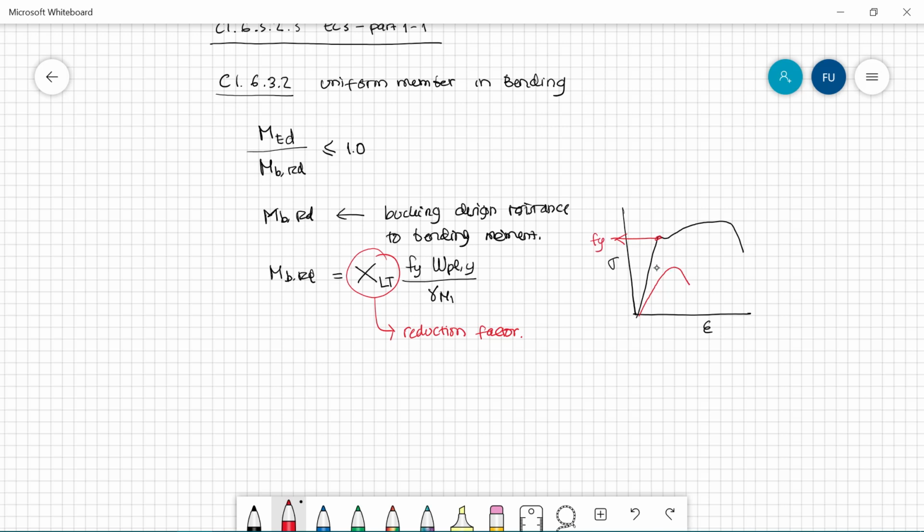So this is the failure. That's why we introduce the reduction factor CLT to estimate the design resistance, or buckling design resistance, to bending moment.